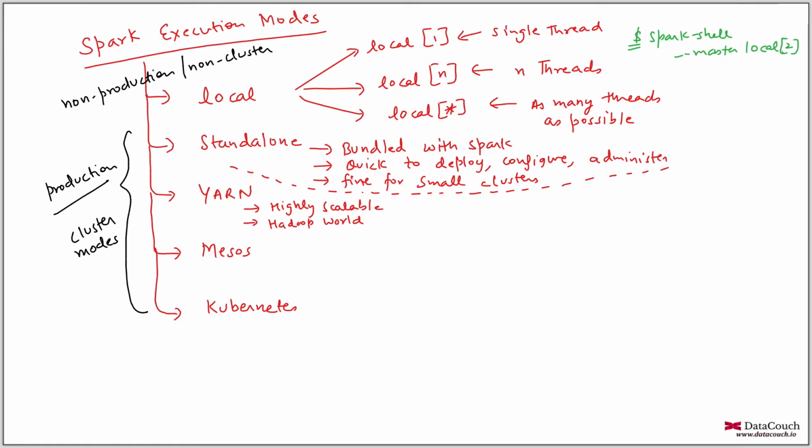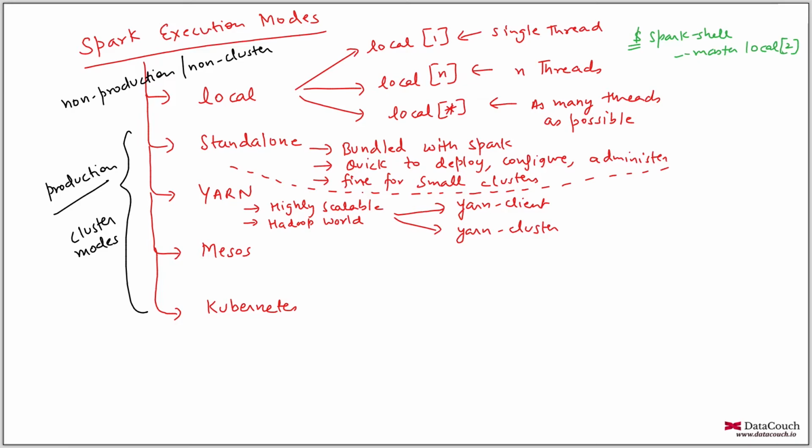So apart from that, you will find yarn has 2 modes. So one mode is yarn client mode. Another mode is yarn cluster mode. Yarn client mode, when you want to do interactive data exploration.